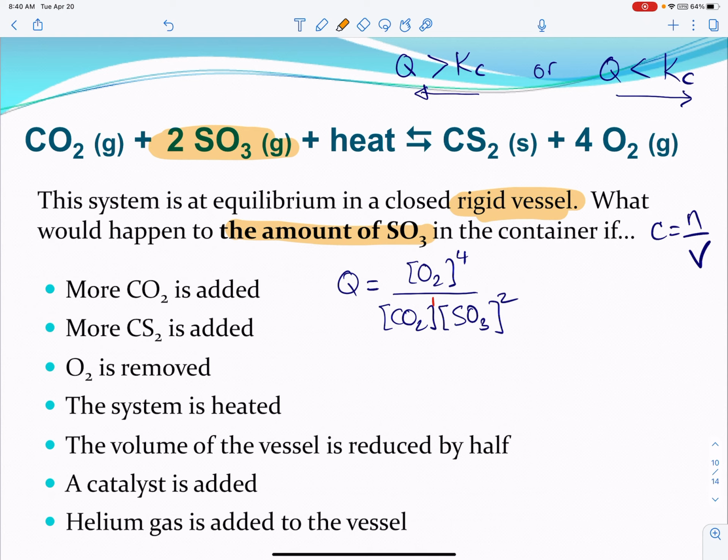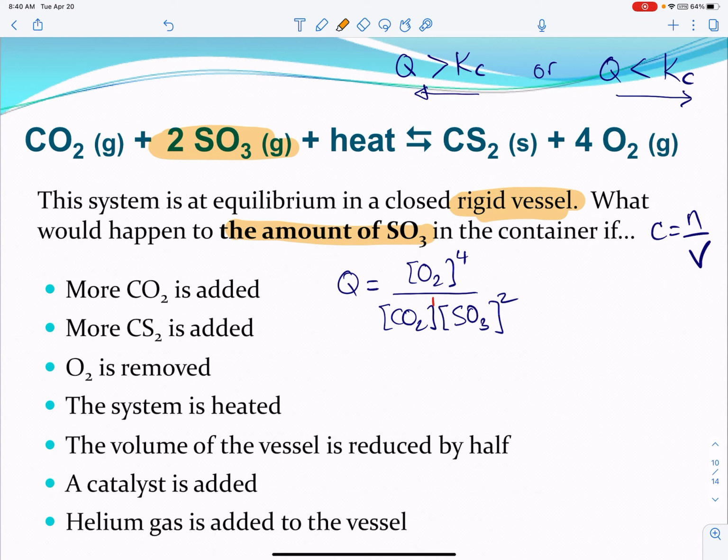If it doesn't change the volume, then none of these concentrations in Q would be changed. So adding helium adds another gas to the container, but it doesn't change any of the concentrations of the gases that were there to begin with. So the oxygen, the CO2, and the SO3, their concentrations are not changed. That means Q is not changed.